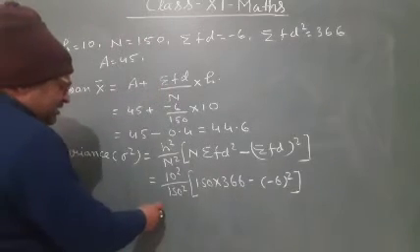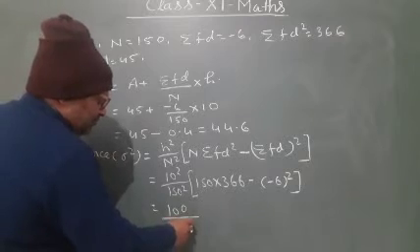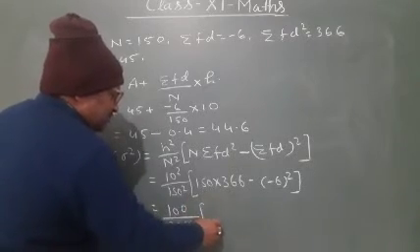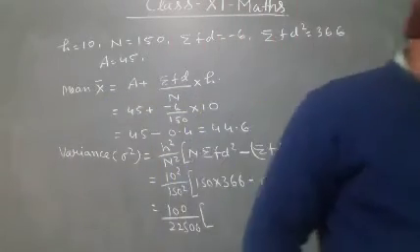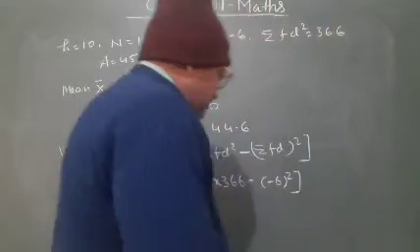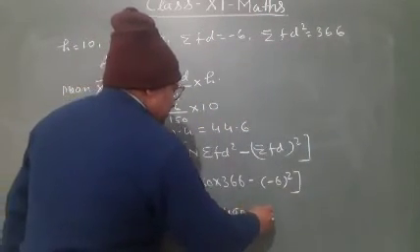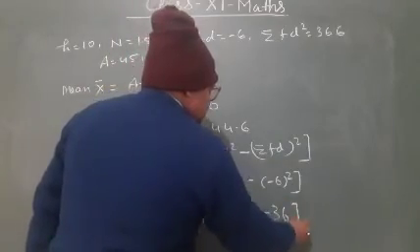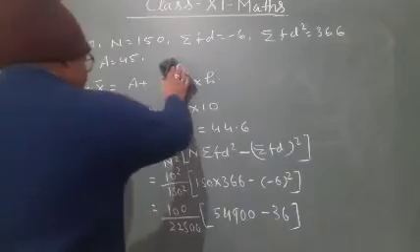Clear? And 100 upon 22500 into 54900 minus 36.